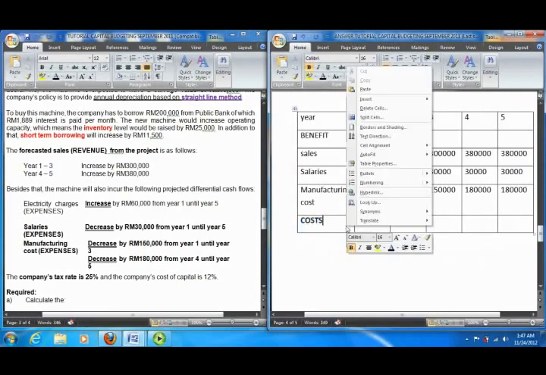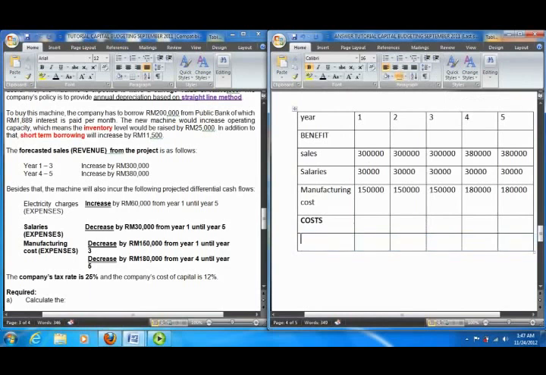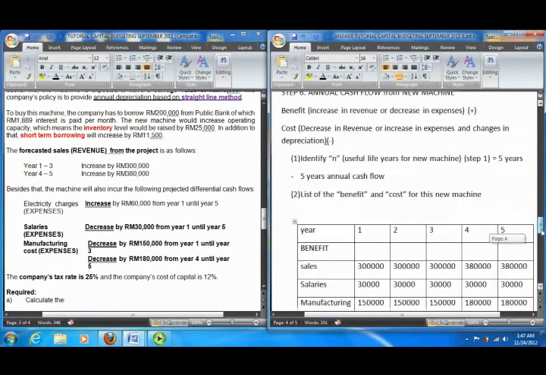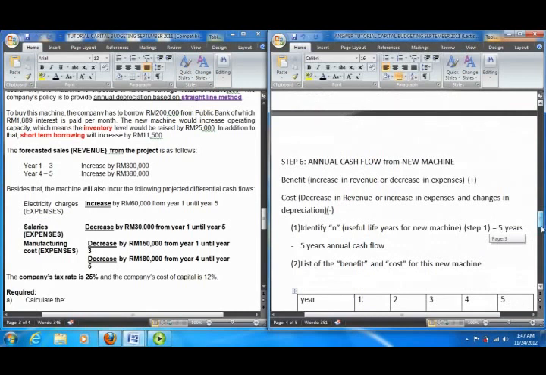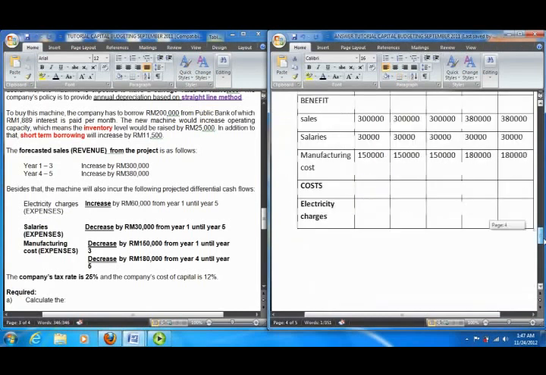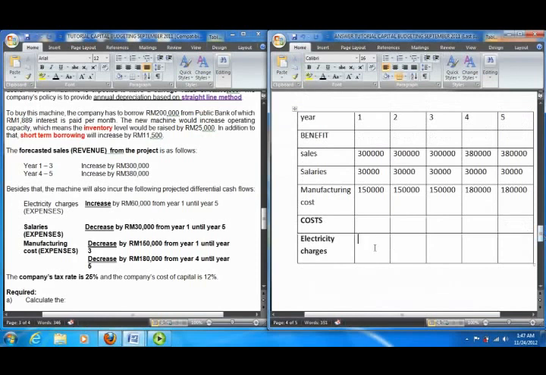Okay, class, can I know your cost? First, electricity charges. Class, is it decrease or increase? It is increase in expenses. When increase in expenses, as you can see, you must make sure it is negative. So year 1 to year 5, same amount, correct? So put it as negative. Is it the same, class?